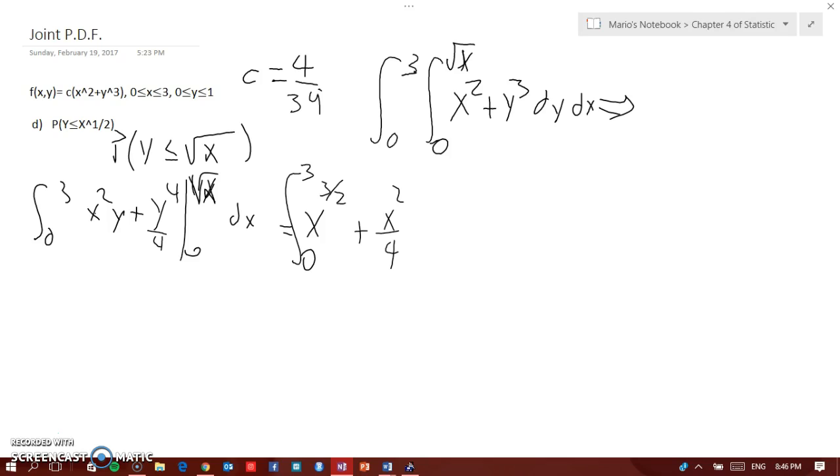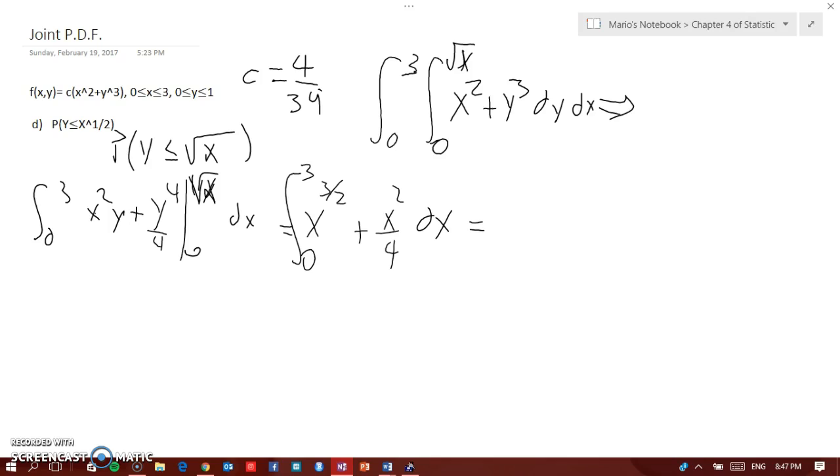If you want to do that yourself, you'll be able to see how I got the x squared and everything else. Then dx, because 0 will give 0 for everything. So now we get x to the power of 3/2.